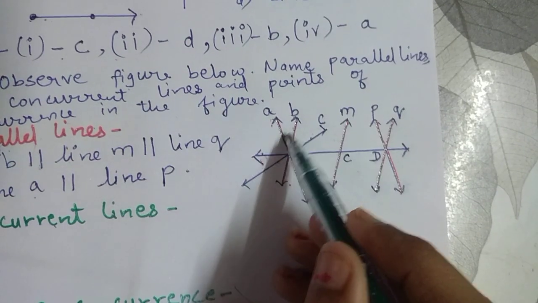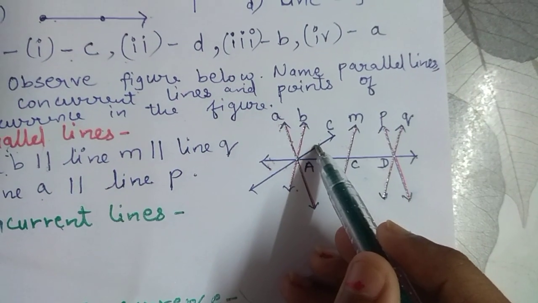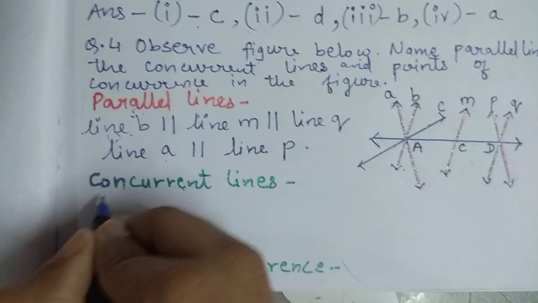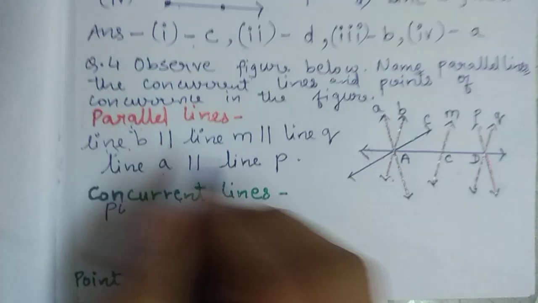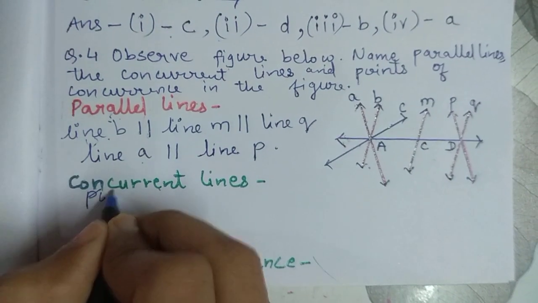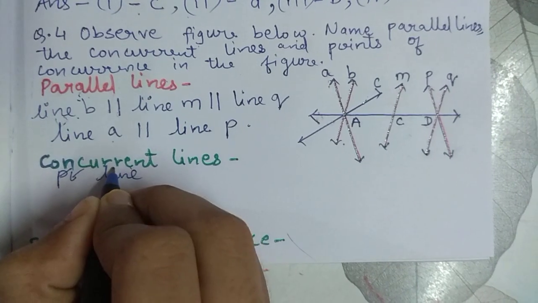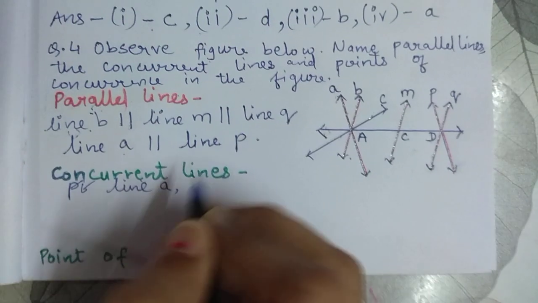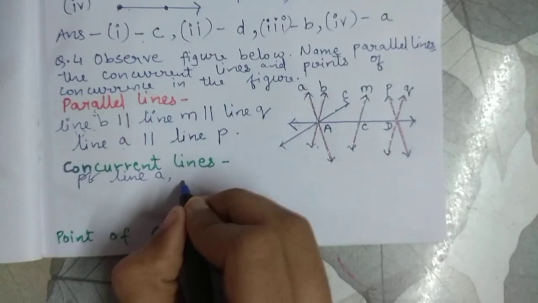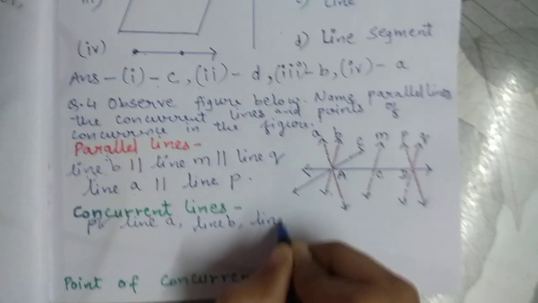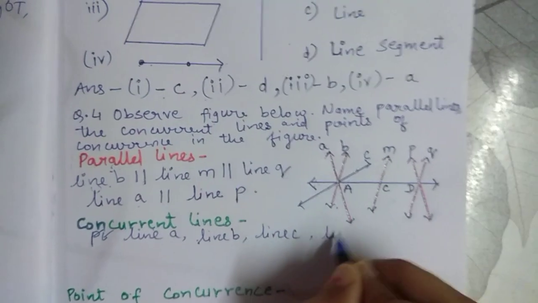So these 4 lines become concurrent lines. So line A, we will just put comma. Okay, line A, line B, line C, line.